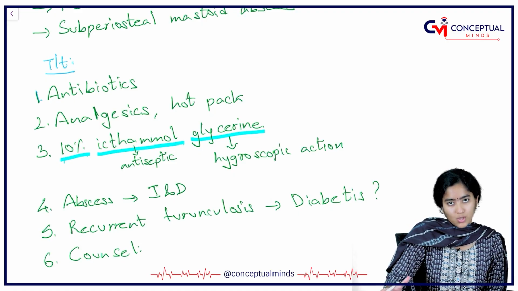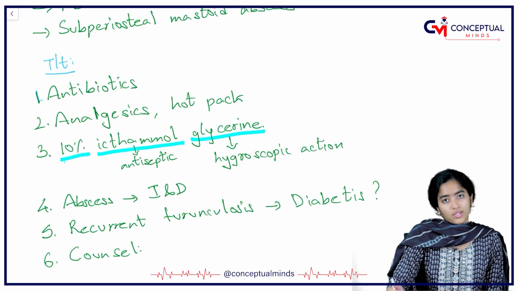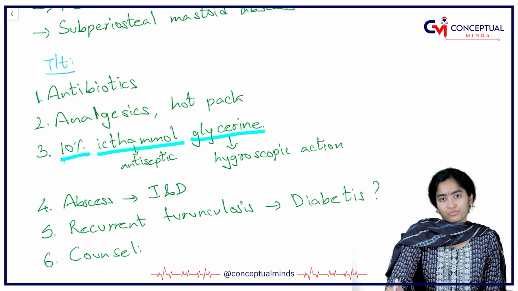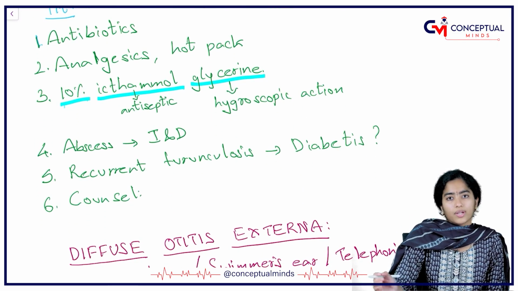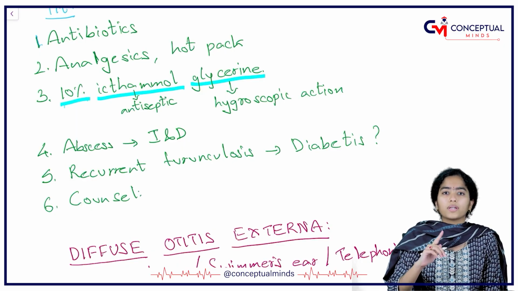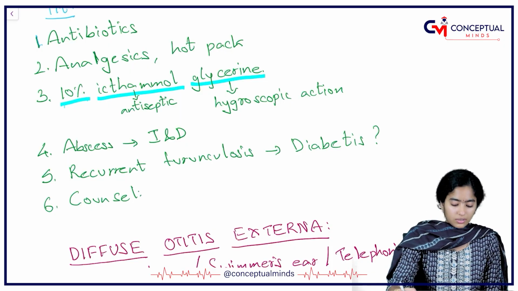If at all an abscess has already formed, then we have to do incision and drainage. And if the patient is suffering from furunculosis recurrently, then evaluate the patient for diabetes, and finally counsel the patient about ear hygiene, how he has to not put contaminated objects into the ear, and how he is not supposed to pick the nose and put the same finger into the ear.